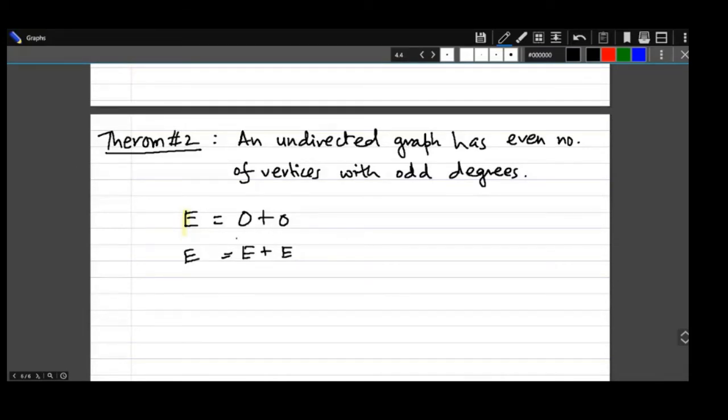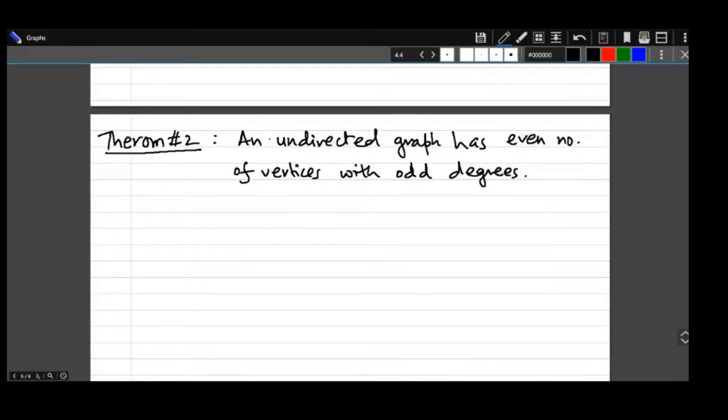Yes or no? If you add one more odd, then this will become odd. So there has to be an even number of vertices having odd degree to make this even. This is quite logical, but you have to prove it with some little logic. Okay, so what do we say?